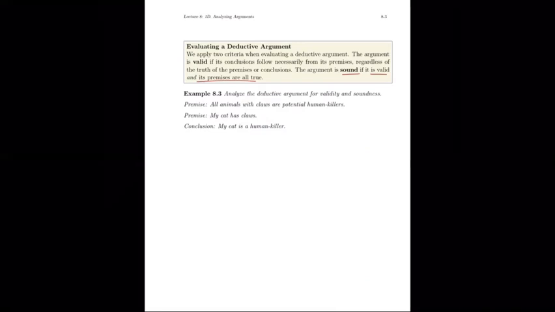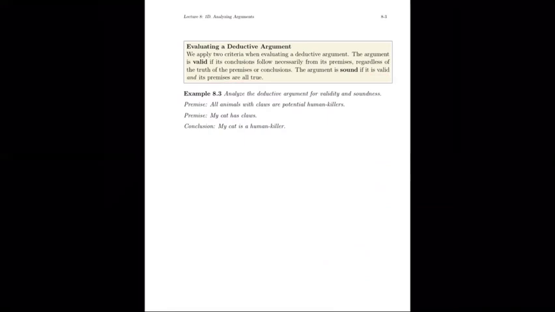The argument is sound if it is valid first and its premises are all true. If the argument is not valid, it cannot be sound. So we remember that. It could be valid and not sound because it could check out to be valid, but it might turn out that the premises are not all true. Okay, so let's see an example below.